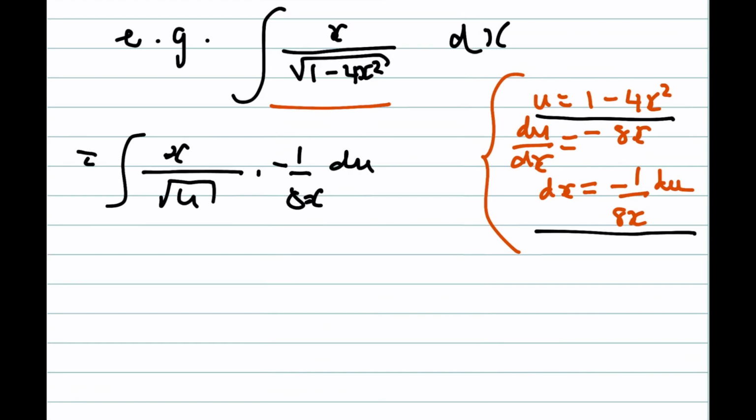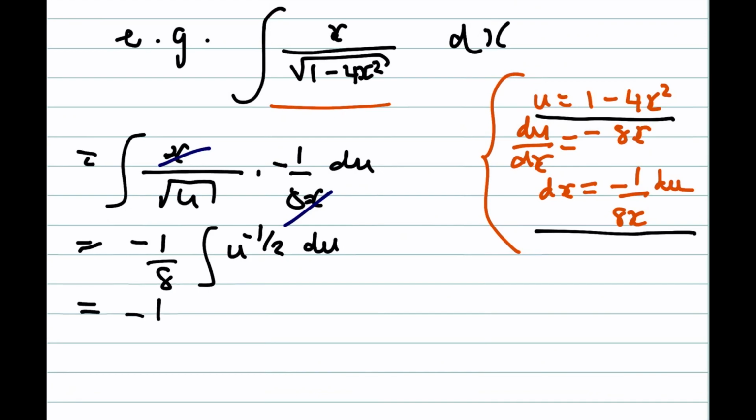And now we have a situation where these x's can cancel, and we're going to be left with a nicer integral, minus 1 over 8 integral of u to the minus a half du. This becomes minus 1 over 8 times 2u to the half plus c.